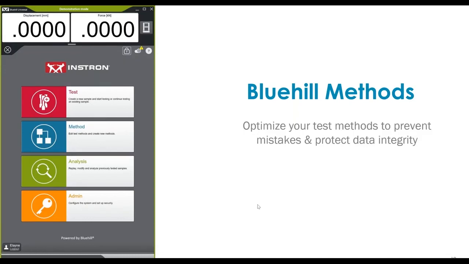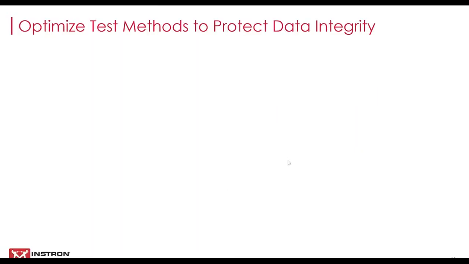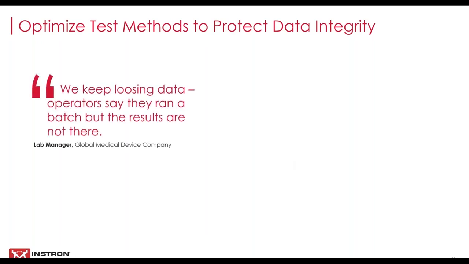So now I want to switch gears a bit and talk about Bluehill methods and some very easy steps that you can take to optimize your test methods to prevent operator errors and protect data integrity. So over my last 8 years working at Instron, I've heard this a lot from lab managers.